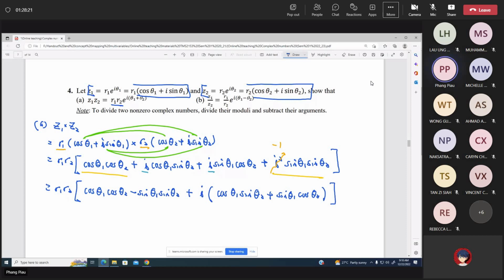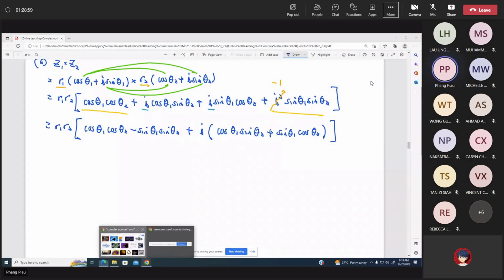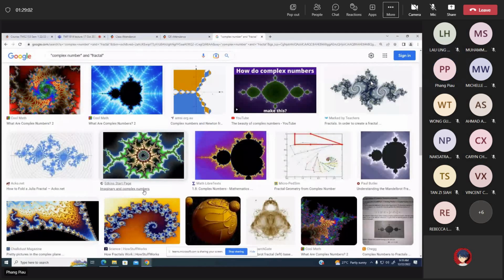To simplify this, you need to use the trigonometry identity involving two angles. Later on we may Google it and you can get the idea how to do this. It is simply A and B: if you replace theta 1 with A and theta 2 with B, then you can easily get the idea. Is it okay? So you may Google that trigonometry formula.